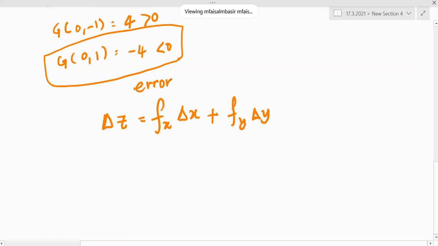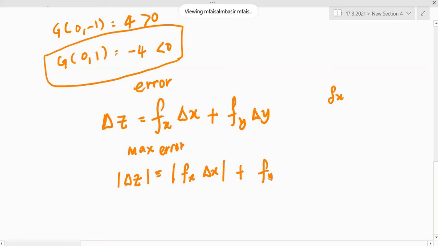Then for maximum error, you will put the modulus sign: the modulus of fx delta x plus the modulus of fy delta y.